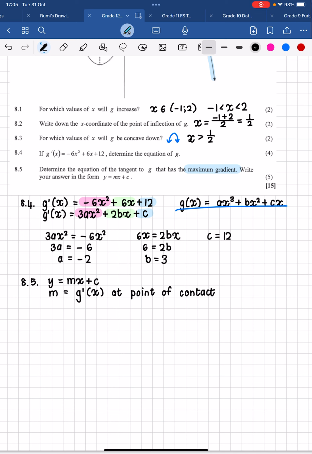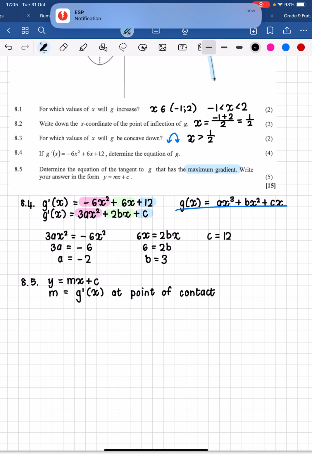So we are going to have an x in this expression for the gradient. Then we have to sub in the x value of the point of contact. But guys, if we read through this question carefully, they haven't actually given us the x value of the point of contact. Determine the equation of the tangent to g that has the maximum gradient. There's no mention of a point of contact.